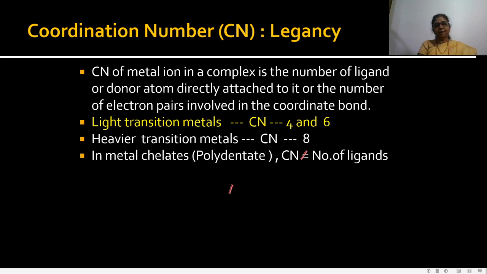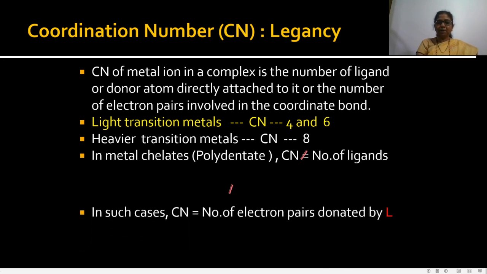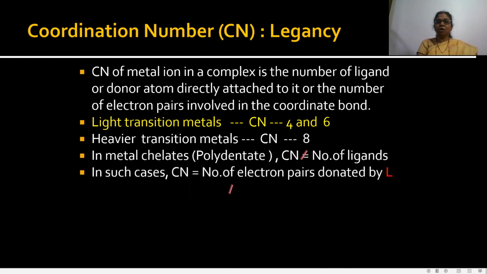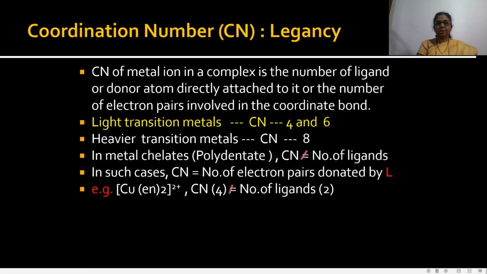We know about chelating metals, which contain polydentate ligands. In these chelating metals, the coordination number is not equal to the number of ligands, but it is equal to the number of electron pairs donated by the ligands. For example, [Cu(en)2].